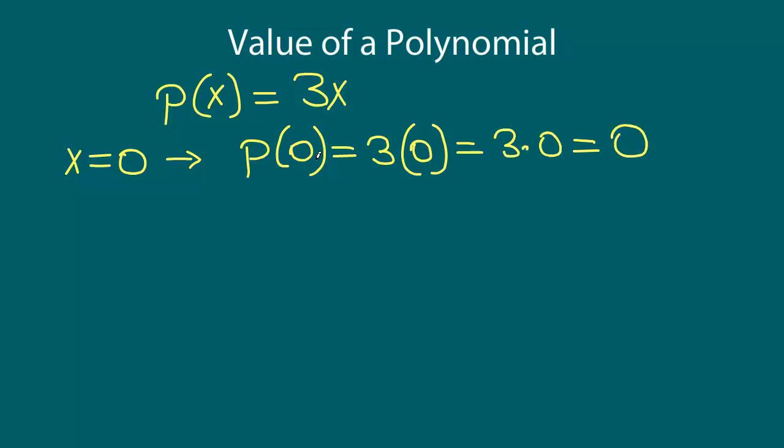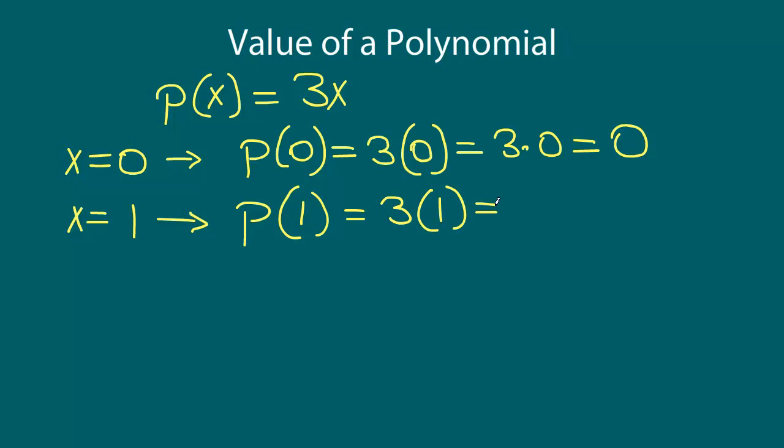So we say p(0) equals 0. What about the value of this polynomial at x equals 1? We replace x with 1, so we have 3 times 1. 3 ones are 3. So we say p(1) is 3.